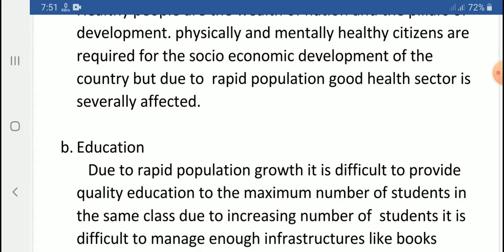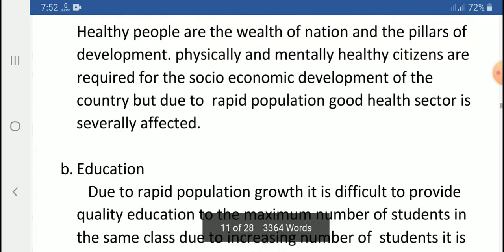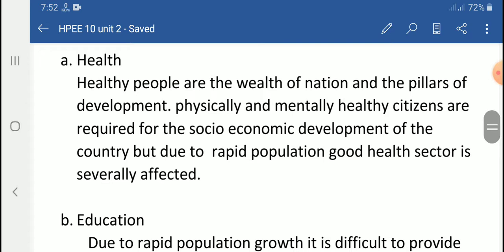And even the doctor people ratio is very low. Also, due to rapid population growth, people are suffering from different types of diseases resulted from environment pollution. All right, so there is also the explanation. You can go through it. In this way, health sector is affected due to rapid population growth.